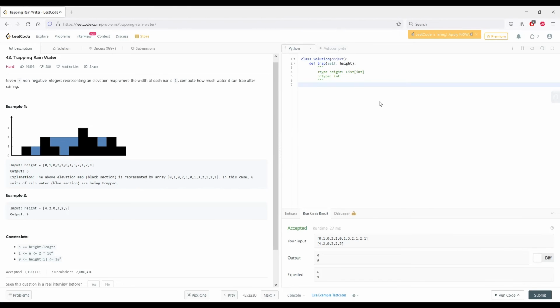Now to code this up, we're going to initialize our left max pointer and right max pointer. Initially, they're going to be at the very left and very right of the height array. And similarly, our regular left pointer and our regular right pointer, and these will just traverse through the height array.